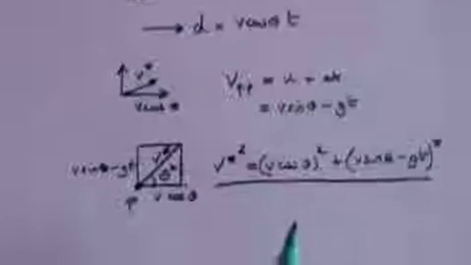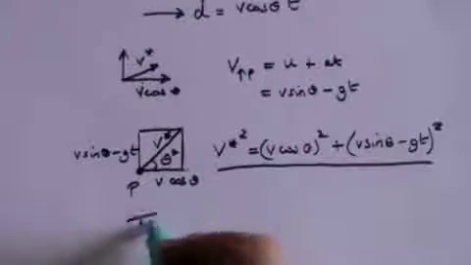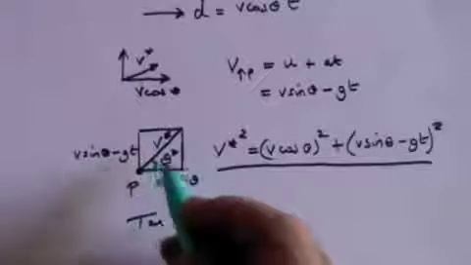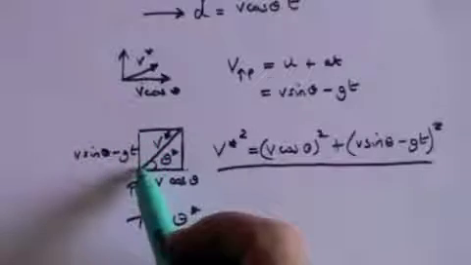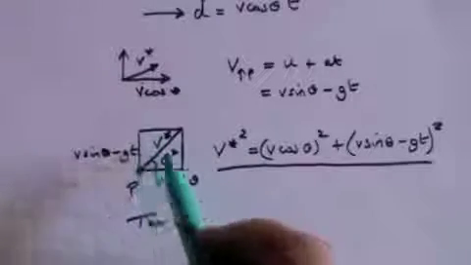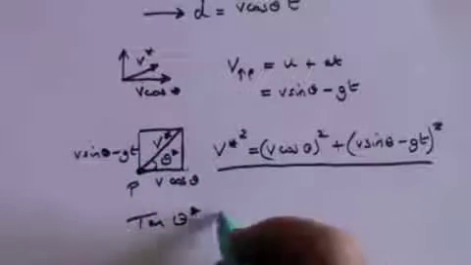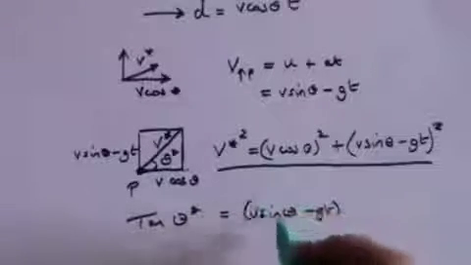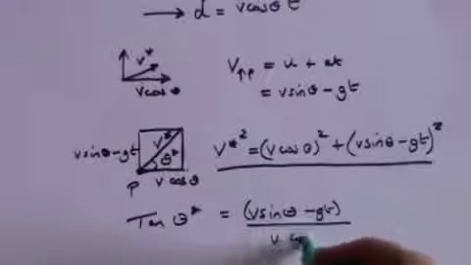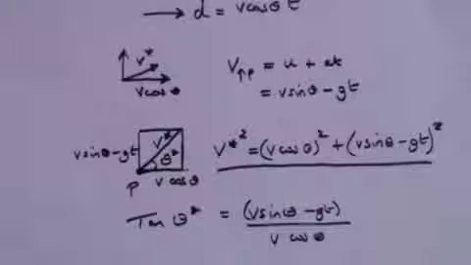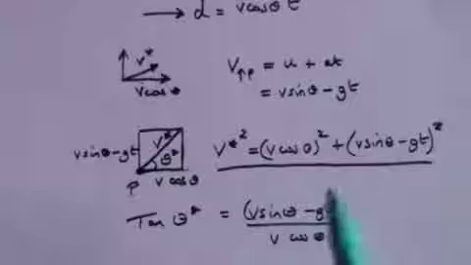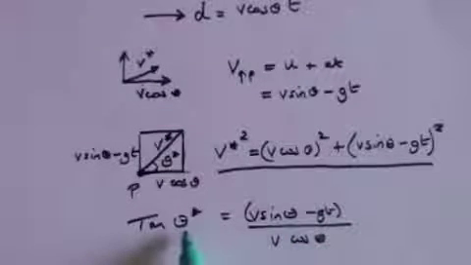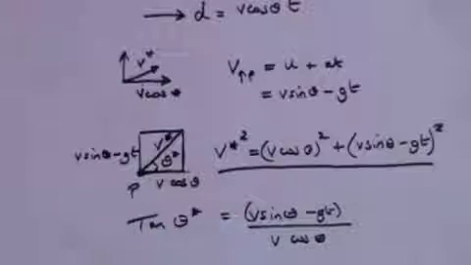Well, the tangent of theta star, that is the tangent of this new angle, is just this divided by this, which is v sine theta minus gt, all divided by v cosine theta. And again, as I pointed out, that looks horrendous, but almost certainly you will be given values for theta or g or t, and you just have to calculate what tan theta star is.